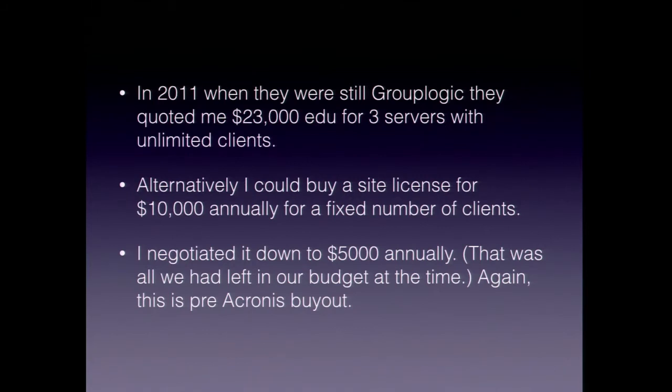So I managed to negotiate it down to $5,000 annually, basically telling them, I love your product, but here's what I have in my budget. And they said, if you can do that annually, we'll work with you on that. But that was pre-Acronis buyout, so don't go to Acronis and say, hey, I heard I can get it for $5 grand a year. I don't know if they're still that flexible as the new company has taken over and so forth.